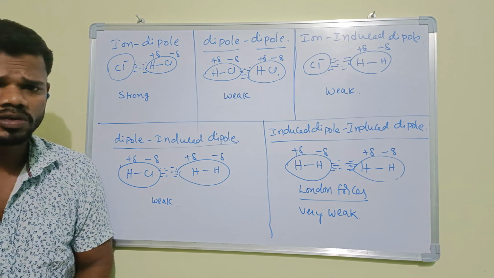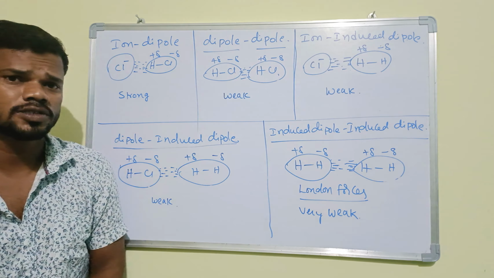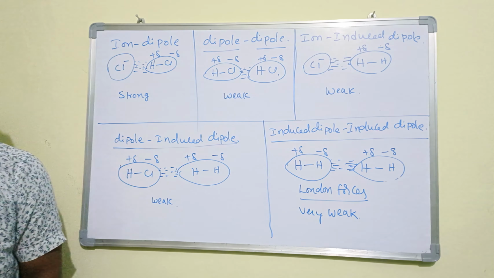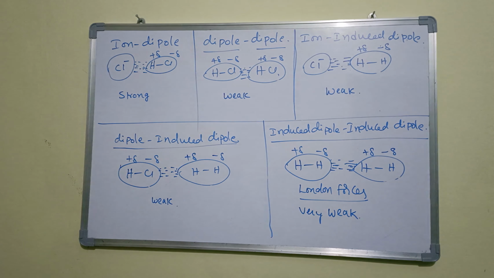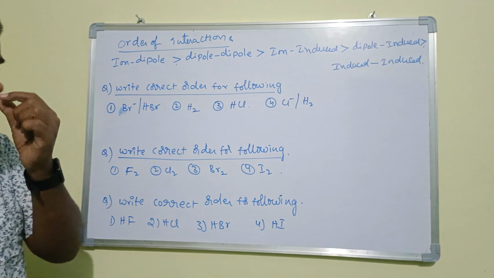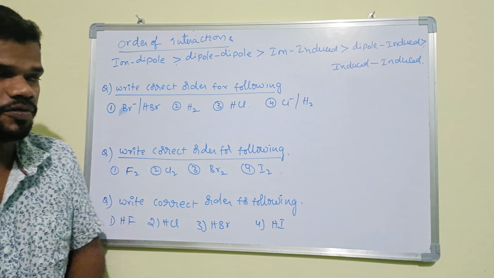In general we have to discuss these interactions, and based on this they ask questions. How do they ask those questions? We can discuss any 1 or 2 questions now. Based on this we have to solve some questions, from the examination point of view.